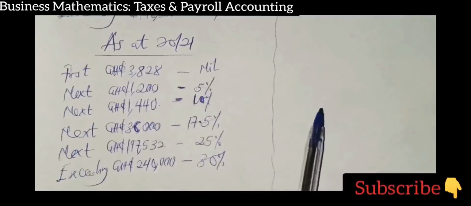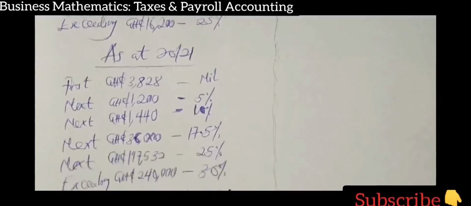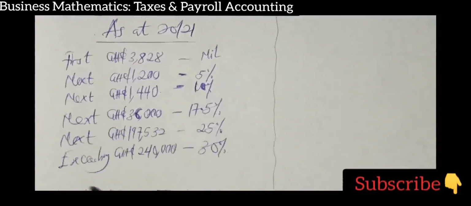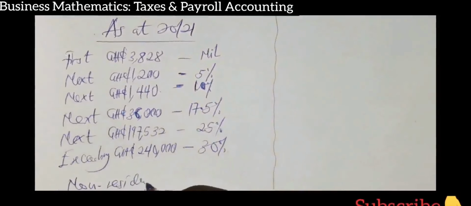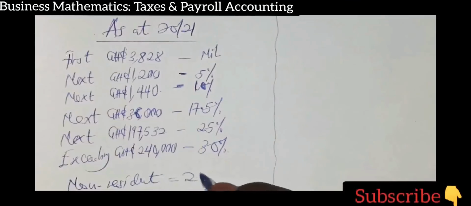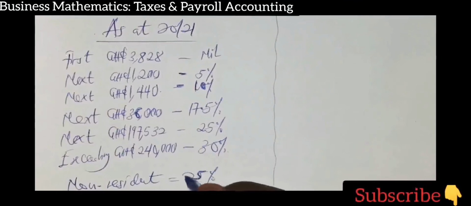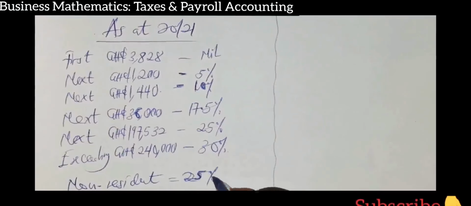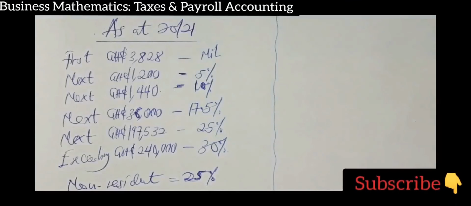So, what about the non-residents? Currently, the non-residents are taxed at 25%. Note, non-residents are taxed at 25%, the income tax they need to pay as part of their membership in this civilized society.